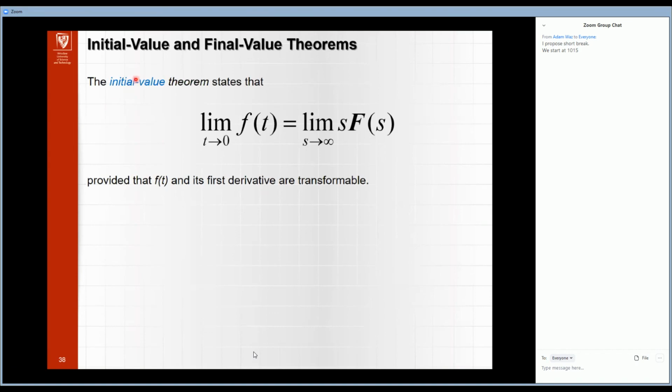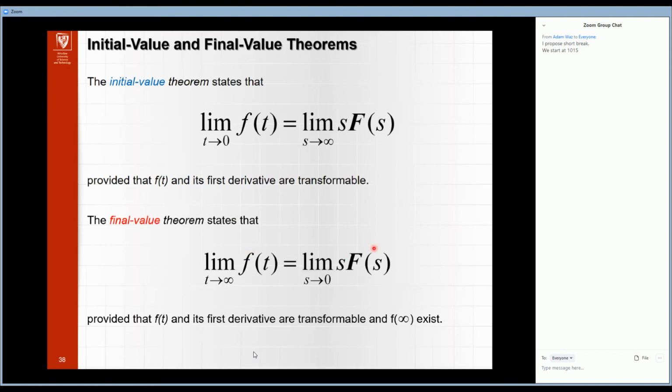So the initial value theorem states that the limit of f(t) when t goes to 0 is equal to the limit for s going to infinity of s multiplied by the transform of function f(t), provided that f(t) and its first derivative are transformable. So this is the assumption.